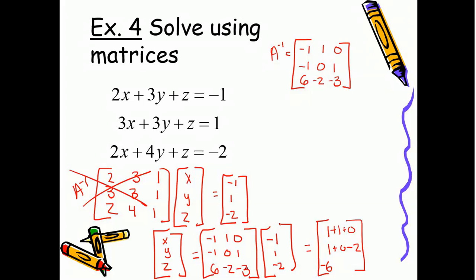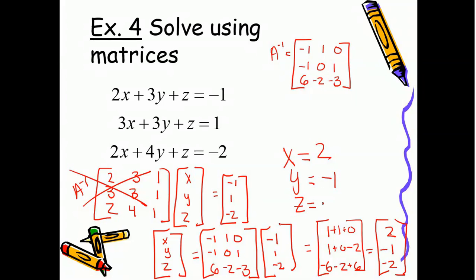Negative 6. Negative 2. Positive 6. So it looks like my answers for my system are 2, negative 1, and negative 2. So x equals 2, y equals negative 1, and z equals negative 2.